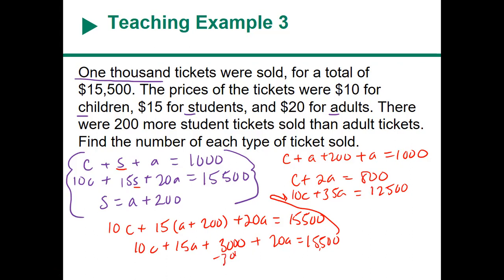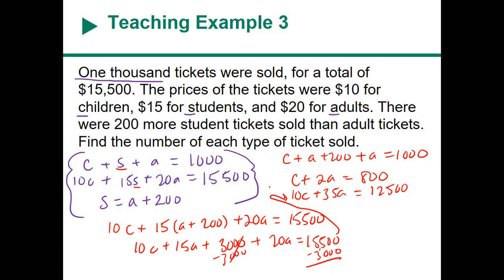And I subtracted 3,000. 12,500, right? Sorry, I kept saying 1550 because that's how I wrote it. I wrote a 5. It's 15,500.